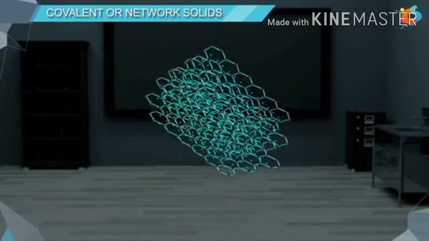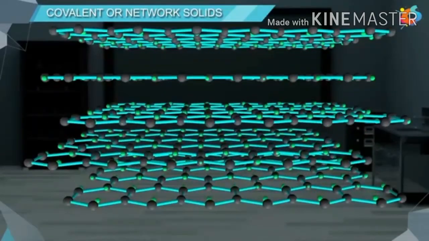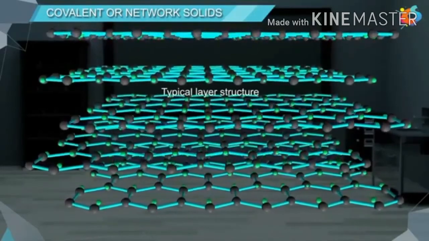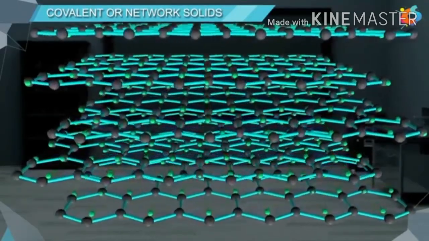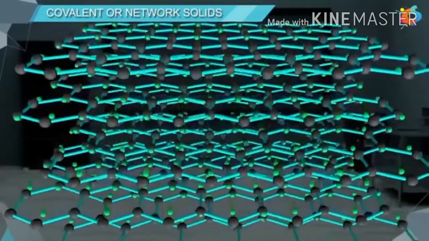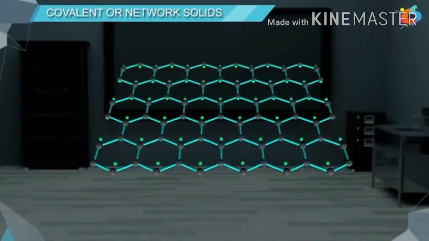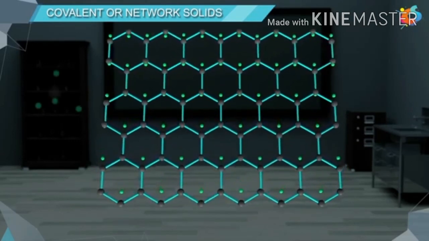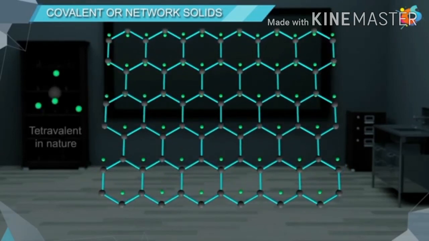This exceptional behavior of graphite is due to its typical layer structure. In graphite, carbon atoms are arranged in different layers. We know that carbon is tetravalent in nature and has 4 valence electrons.